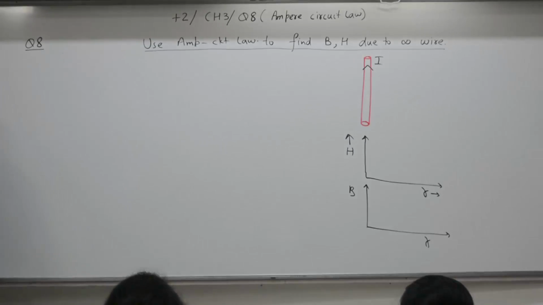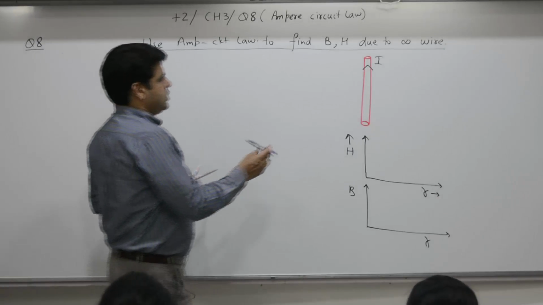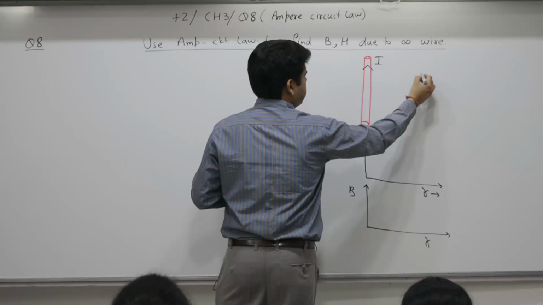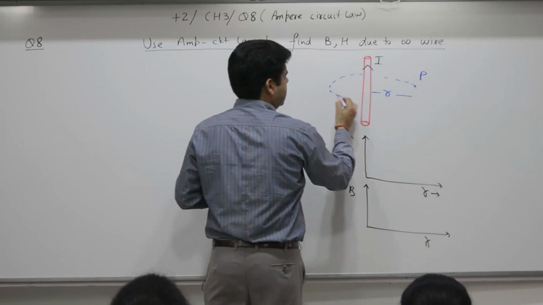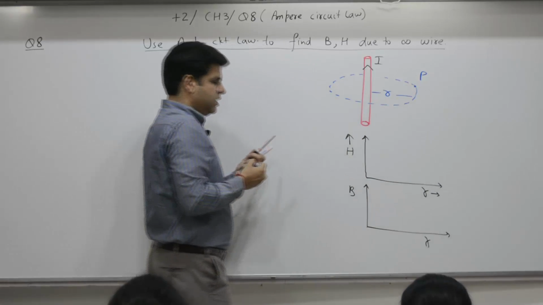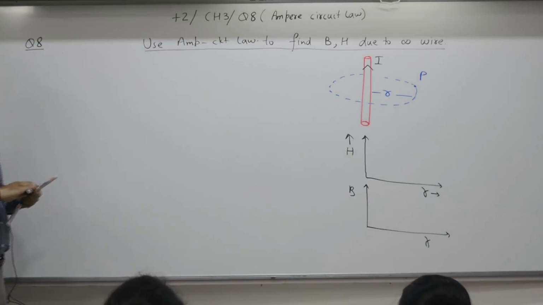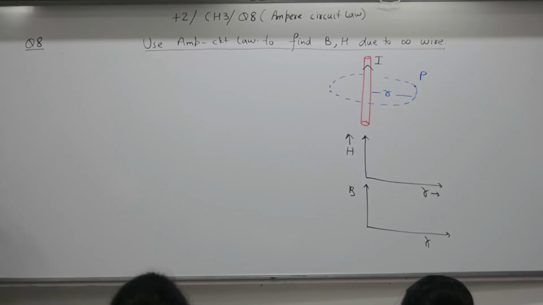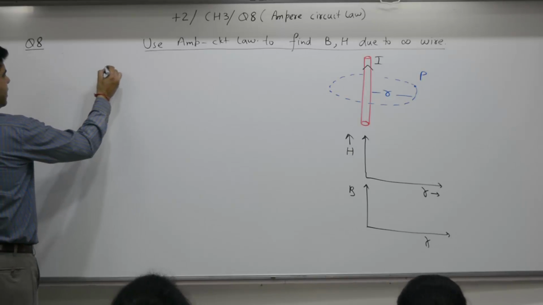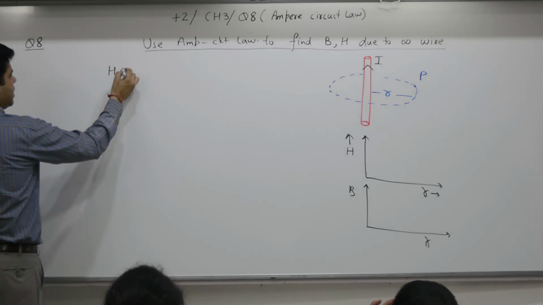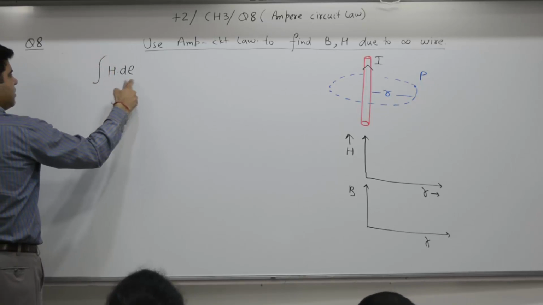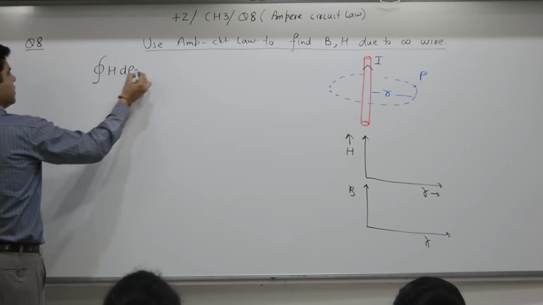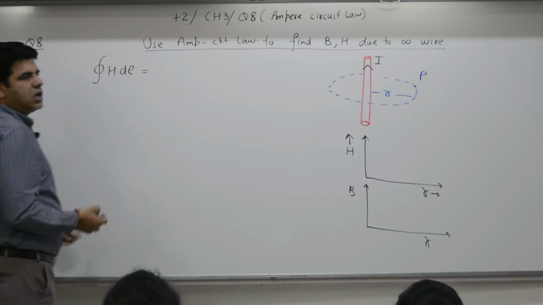So at any point P at a distance R, there is a magnetic field flux. You have to use the law, Ampere's Circuit Law. As per Ampere's Circuit Law, total MMF in a closed loop is equal to total current contained.